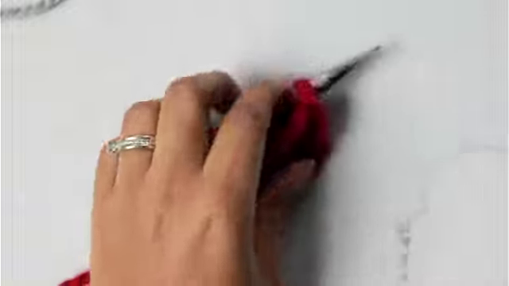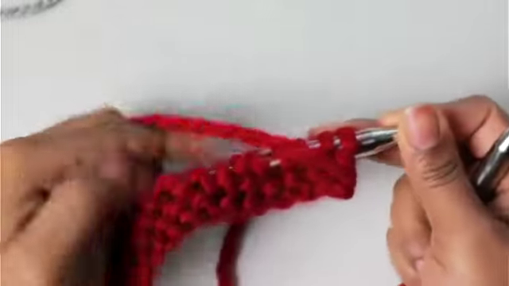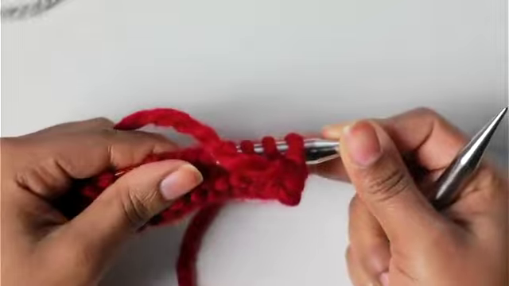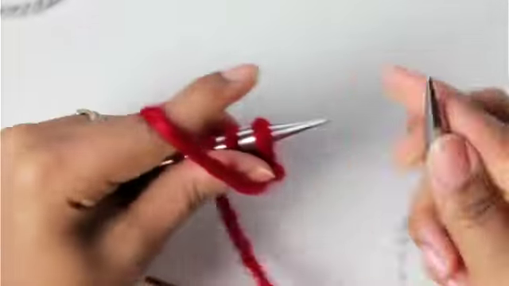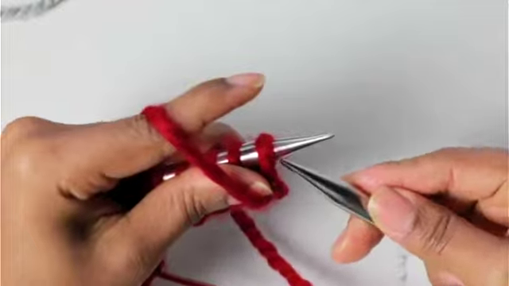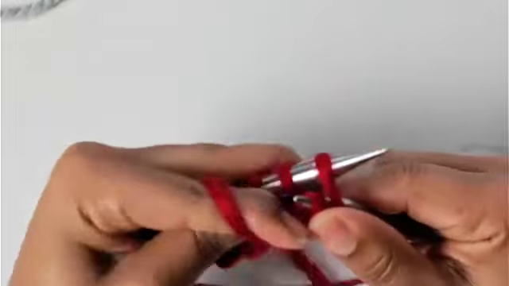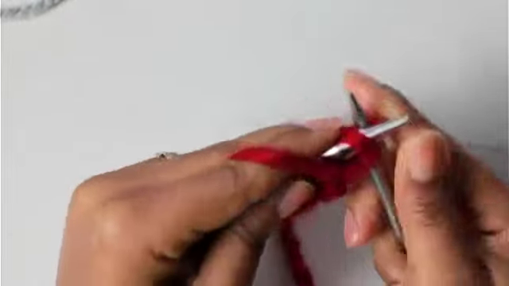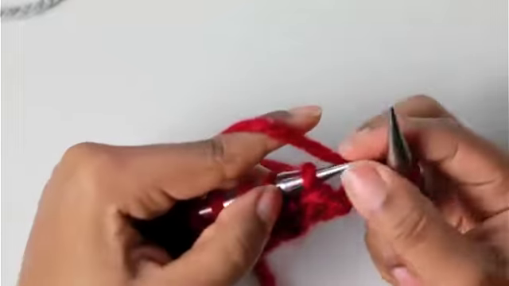Okay. So the next one is not pulling the yarn through the stitch properly. So this happens when, say we are purling and you put your needle through and you yarn over and you pull through and you get it off the needle like that, right?